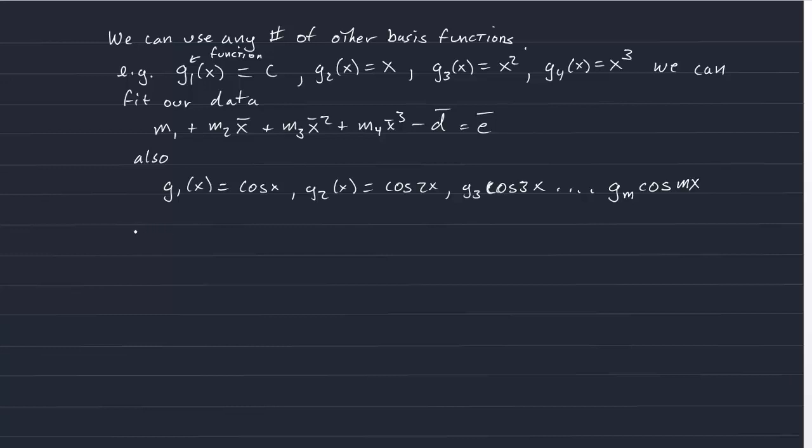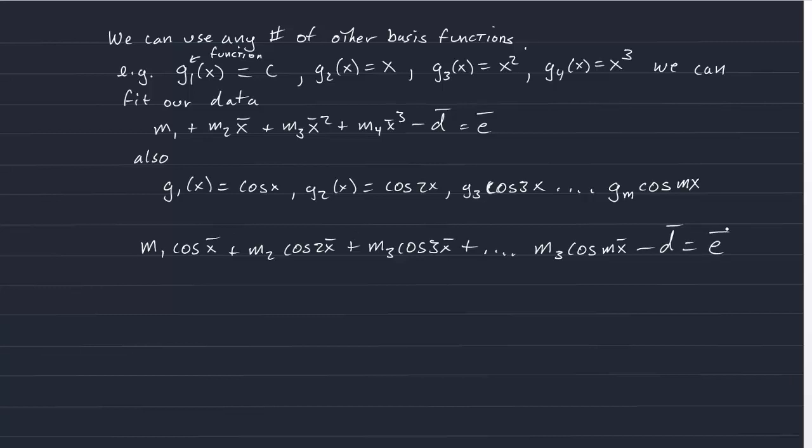When we do that, we're going to solve the system m1 times cosine x plus m2 cosine 2x plus m3 cosine 3x all the way up to the mth coefficient for cosine mx, and subtract our data vector, and get our error vector.